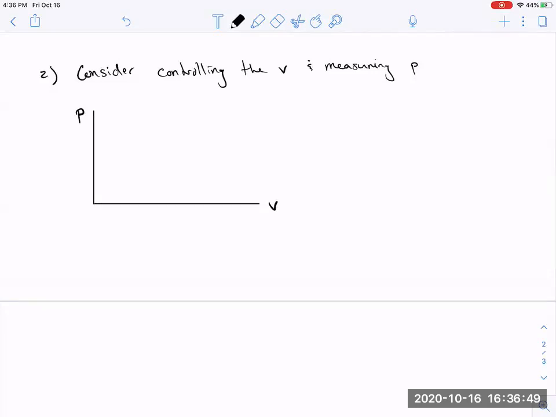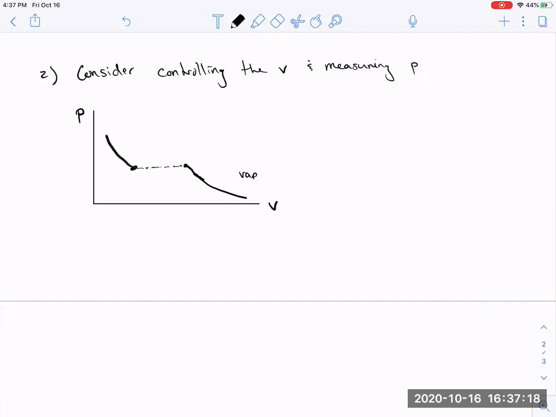So again, if we started in the vapor, that's a high volume, low pressure state. If I started trying to fill more and more stuff in that volume or shrink that volume, the pressure will rise. Eventually, if I shrink the volume enough, we'll see condensation.